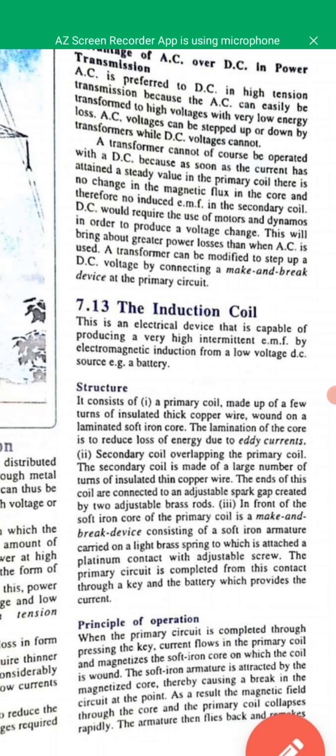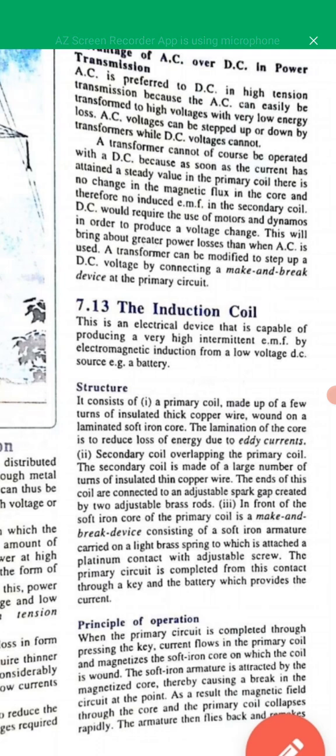There ought to be alternations in the core. But since there are none, no EMF will be induced, because it is the alternation and the variations in the magnetic flux that bring about EMF being induced in the secondary coil. So no EMF will be induced in the secondary coil.